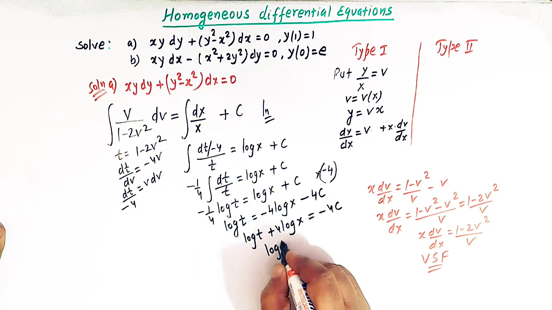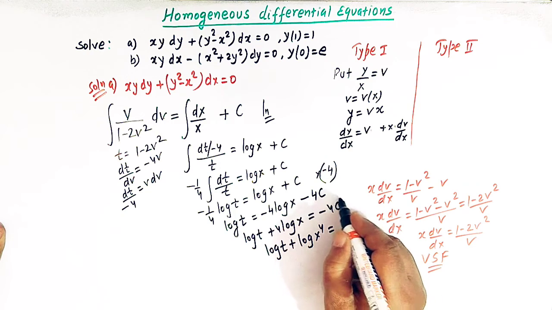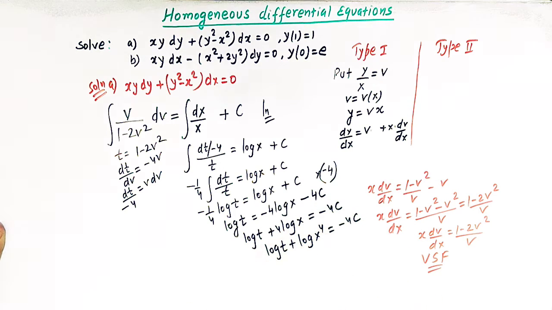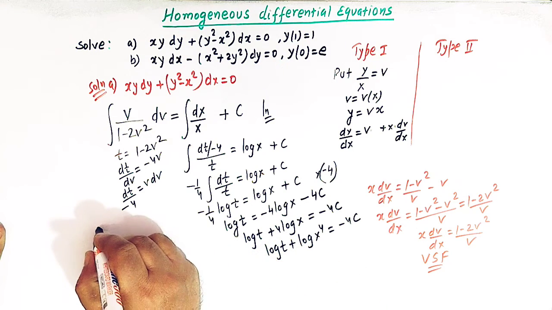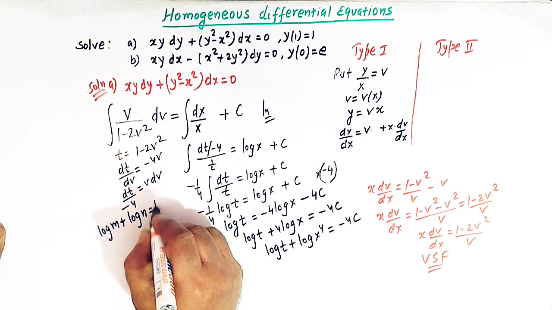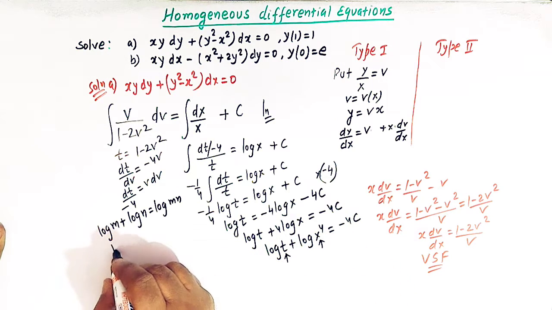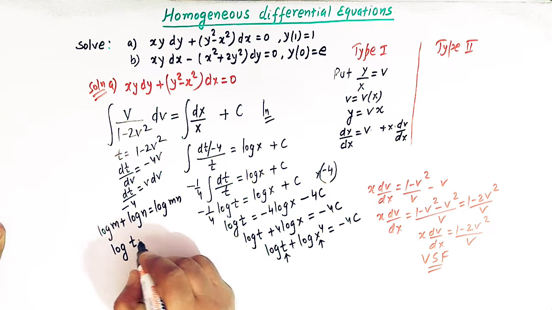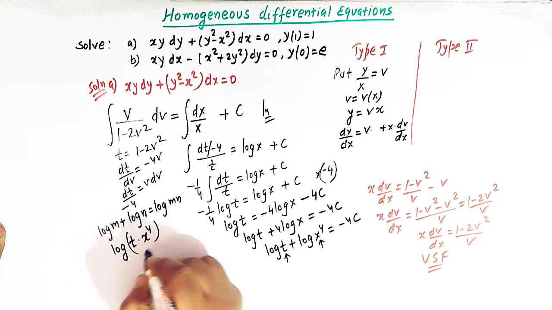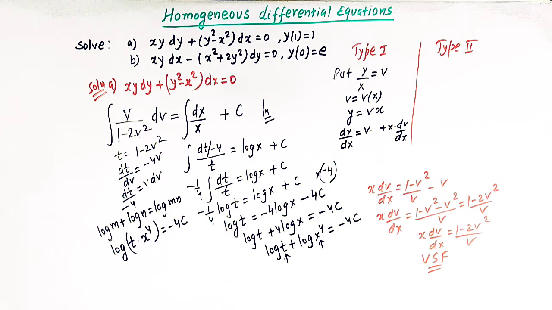So we have log of t plus log of x raised to 4, and here we have minus 4c. So now using again the properties of log, we have log m plus log n is equal to log of m times n. So here m is t, n is x raised to 4. So we have log of t times x raised to 4 is equal to minus 4c, right?